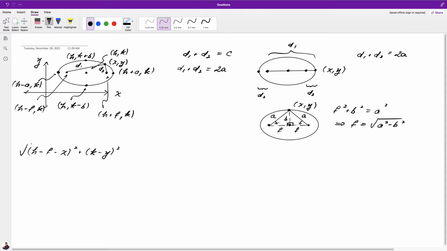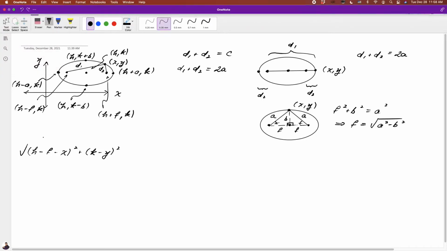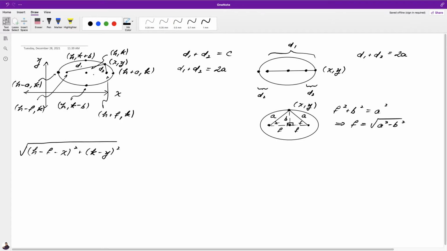That's going to be the distance d1 plus the distance d2, and that's going to be the square root of h plus f minus x all squared plus k minus y all squared. So the sum of these two distances is going to have to be equal to 2a.